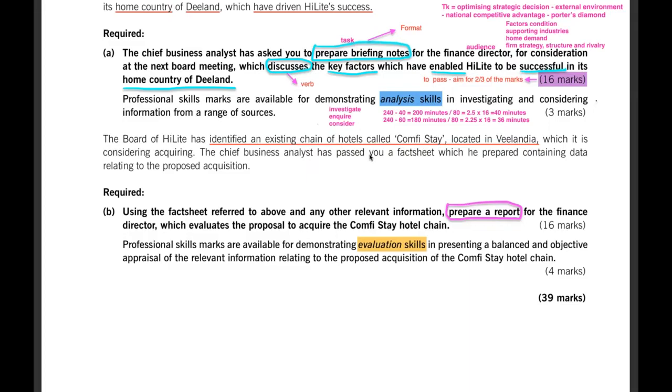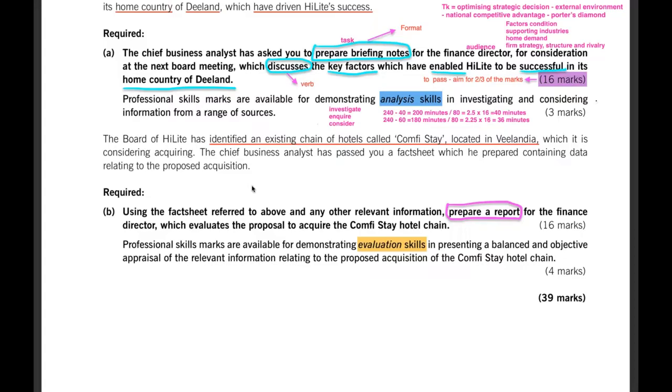How do I know it's a possible acquisition? Because inside the exhibit just now they did mention acquisition. So here I can guess this is the one they're talking about. It is considering acquiring. The chief business analyst has passed you a fact sheet which he prepared containing data related to the proposed acquisition.